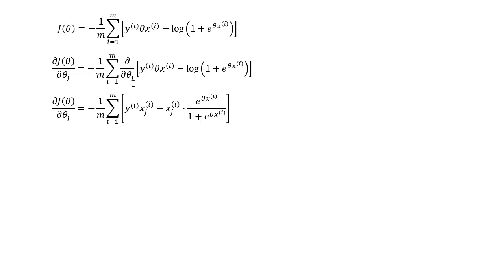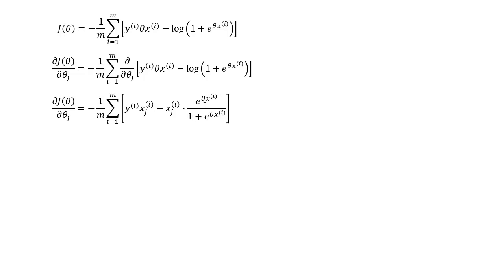So when I take this partial derivative, I'm going to be left with y_i x_i sub j, because that's the only part that survives when I take the partial with respect to theta j, minus, so at this point, when I take the derivative of the log function, that is the derivative of the function inside of the log over that thing that's inside the log. So it's the derivative over the actual original expression untouched.